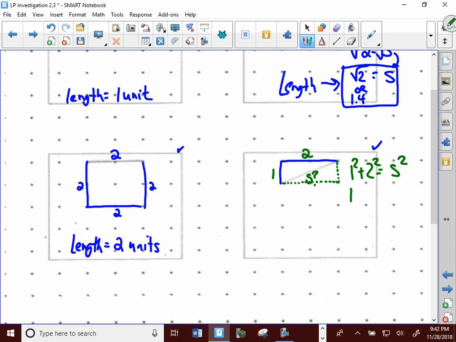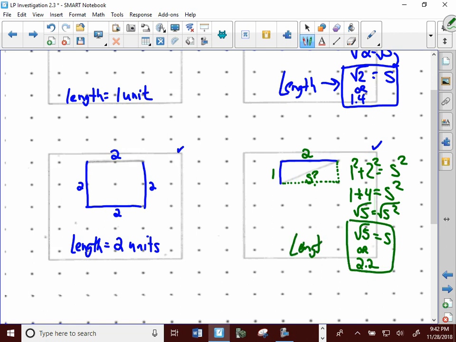So 1 squared is 1, 2 squared is 4, 1 plus 4 is 5, and again we square root to get it to s. So your answer is the square root of 5, or what do you say the square root of 5 was on the front hand side? What was it? 2.2, right. So again, this would be our length for that box.